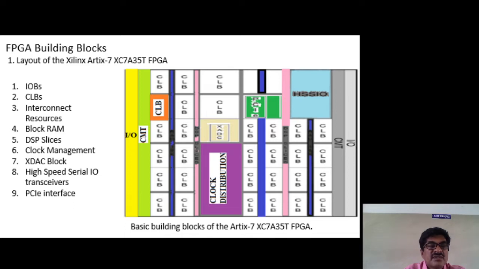RAM block, DSP slices, clock management, XADC, it's not DAC, XADC, that is analog to digital converter block, high speed serial input output transceivers, PCIe interface, that is peripheral component interconnect express.